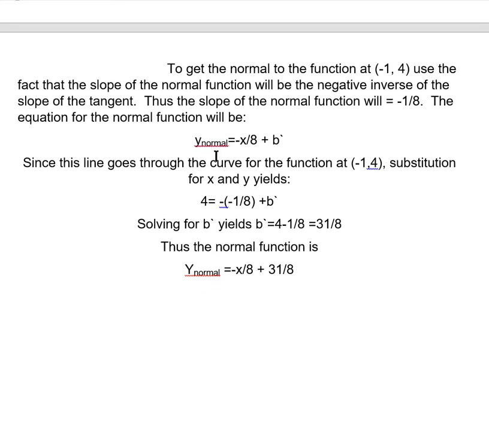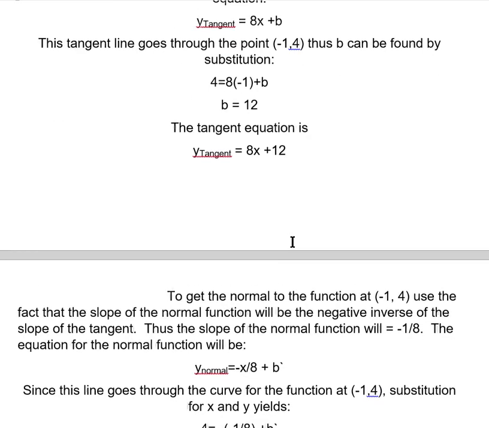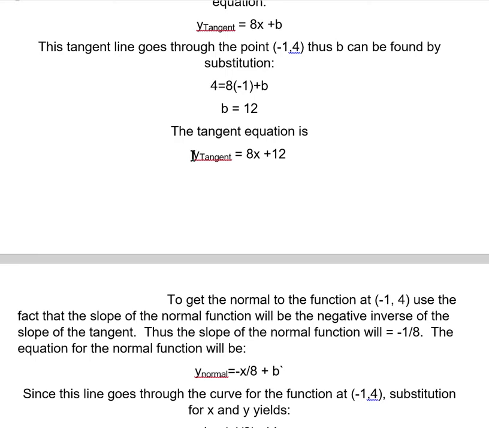So the normal function would be minus x over 8 plus b prime. I'm just distinguishing it from the b for the tangent. And if you substitute the two values for x and y, you get a b of 31/8. All right, so this is the normal to the curve at minus 1, 4. And this is the tangent to the curve.